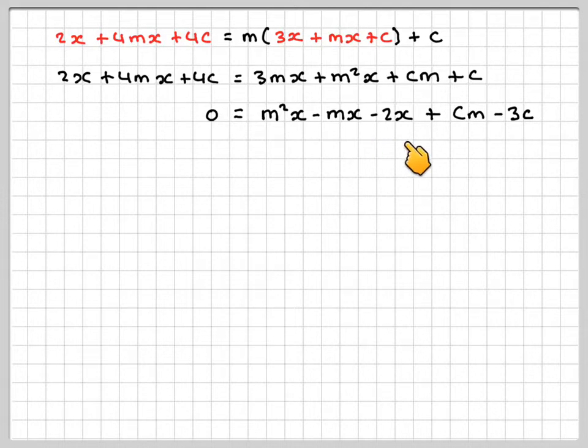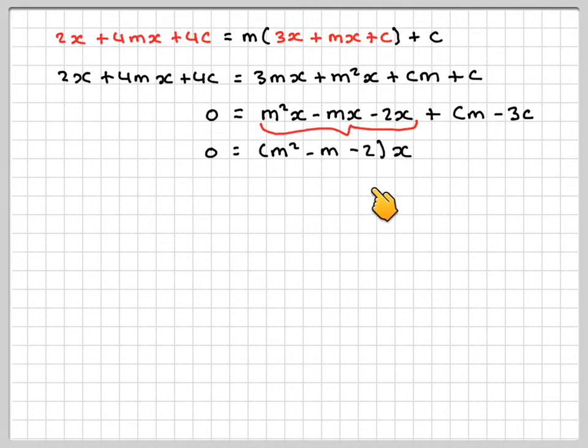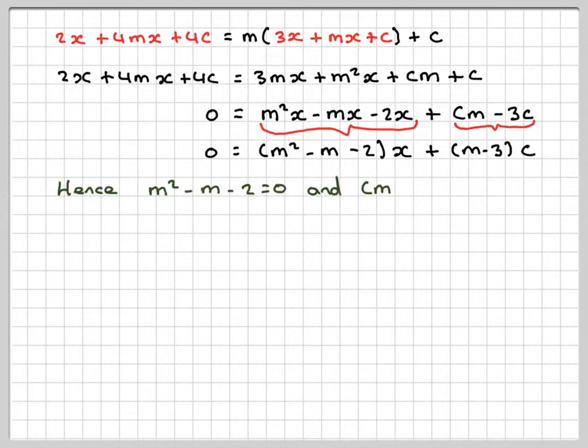Okay, we've got a common factor of x in this first part, so we're going to have m squared minus m minus 2 times x, and a common factor c here, so we're going to have m minus 3 times c. Right, so if this is going to be equal to 0, that means that either this or this must be equal to 0. That's going to give m plus 1, m minus 2 equals 0 when we factorize this.